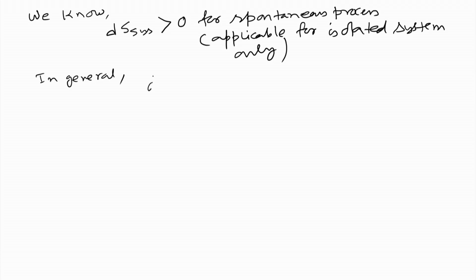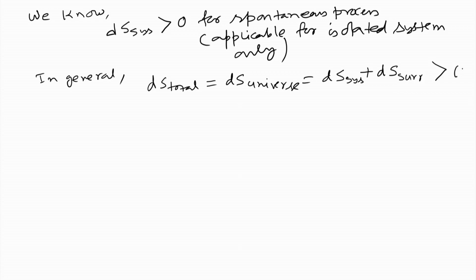In general, dS total, which is nothing but dS universe, equals dS system plus dS surroundings, is to be greater than 0 for a spontaneous process.